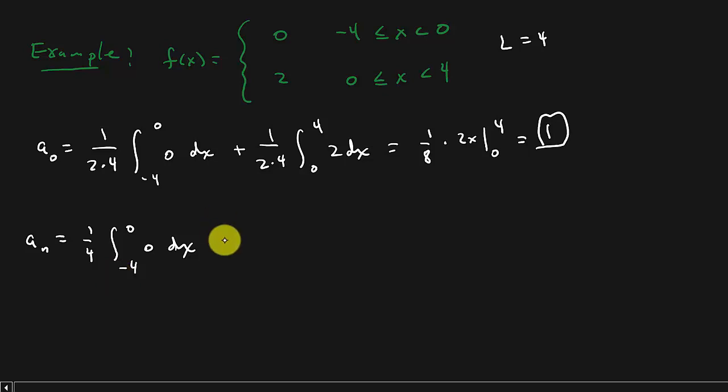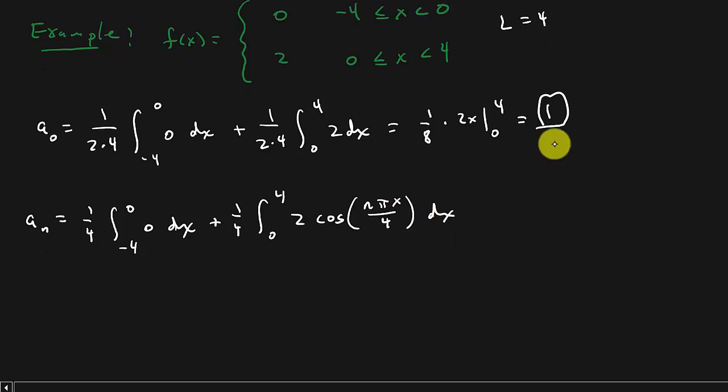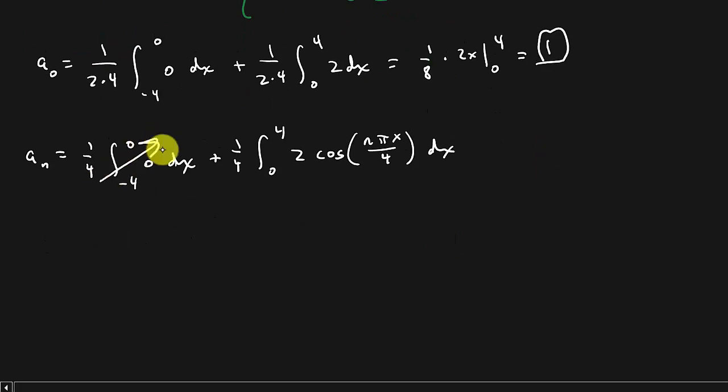If it's 0, don't even bother to write that one down. Plus 1 over 4, and that's the integral from 0 to 4 of 2 cosine of n pi x over 4 dx. All right. So that integral over negative 4 to 0 is just 0. Now we've got to integrate this one.